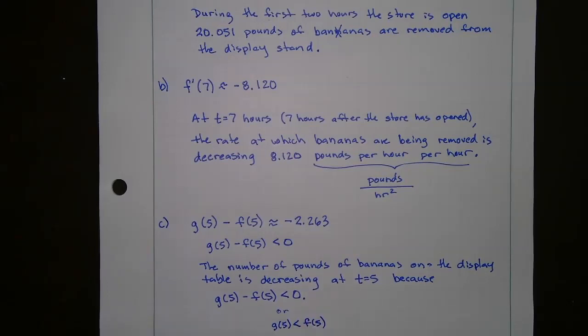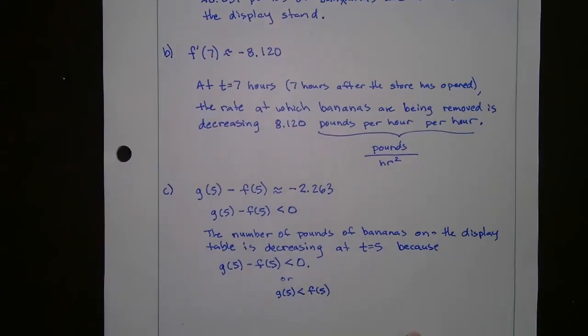So g of 5, remember, that's the function that's adding bananas back. And f of 5 is the removing. So the rate at which it's removing is larger than the rate it's adding. Therefore, it would have to overall be decreasing. Let me slide that up, because I realized you guys couldn't see that. So, or g of 5 is less than f of 5. You could say it either way.